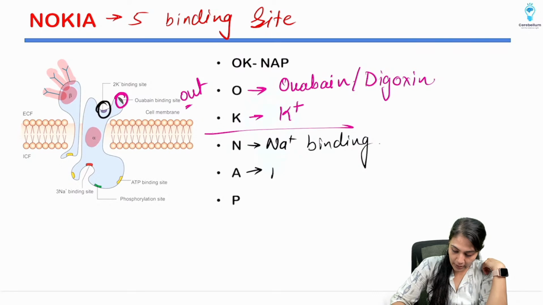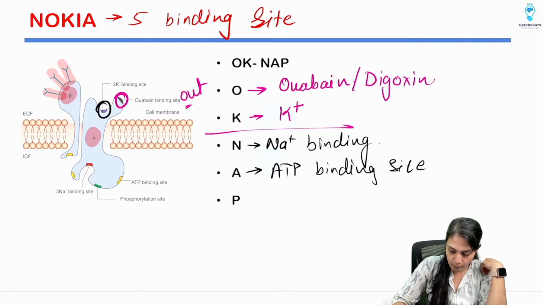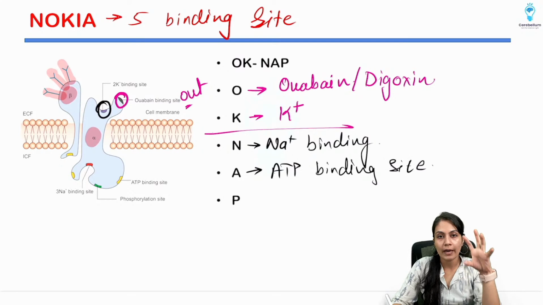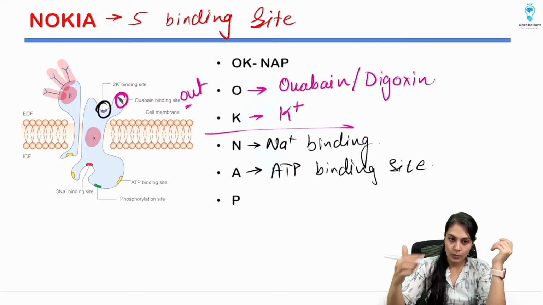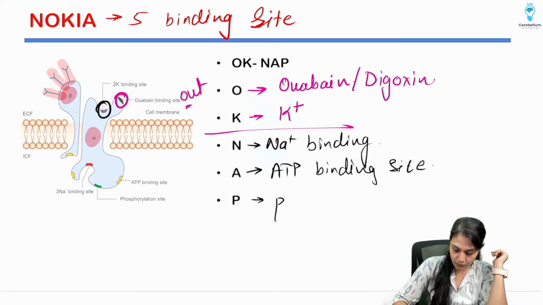Then what about the A? It is the ATPase site, or ATP binding site. To make the energy available, I have to remove the phosphate group from the ATP, and that's why I require the phosphorylation site also for the energy release.